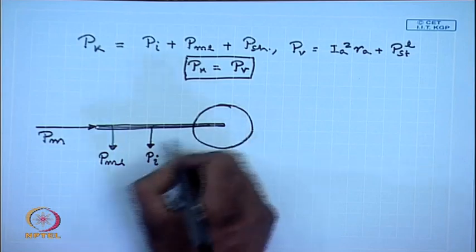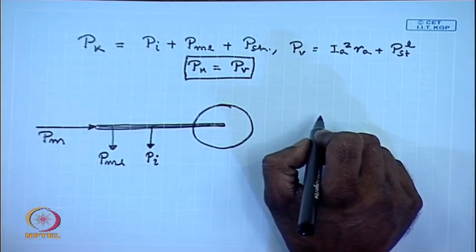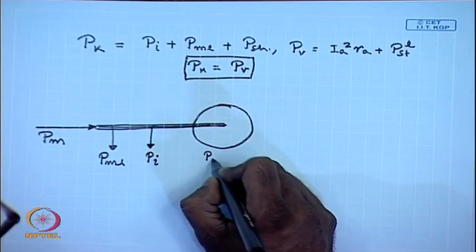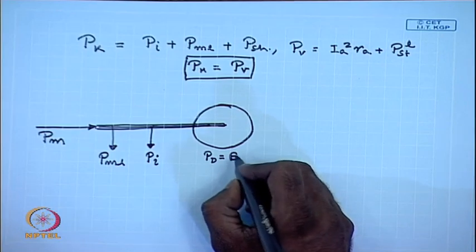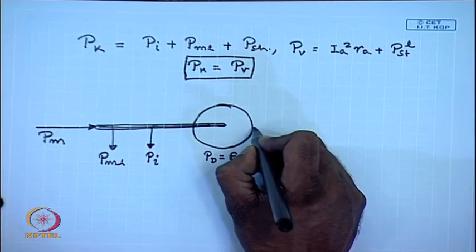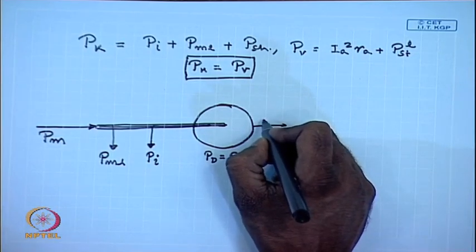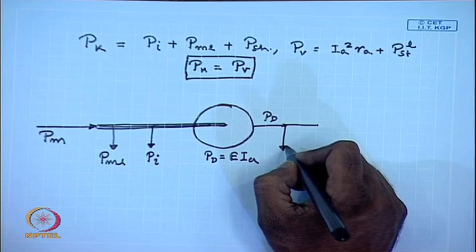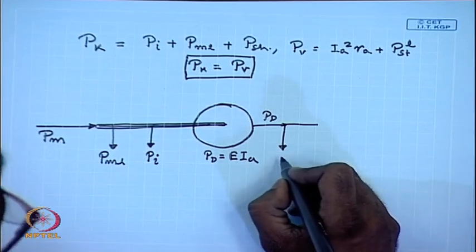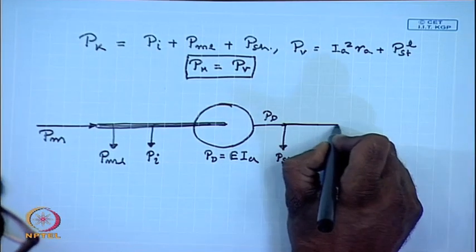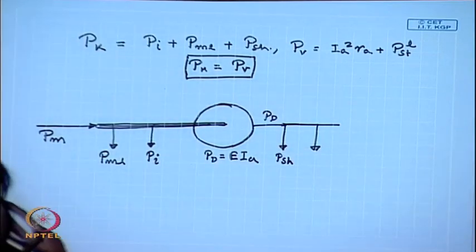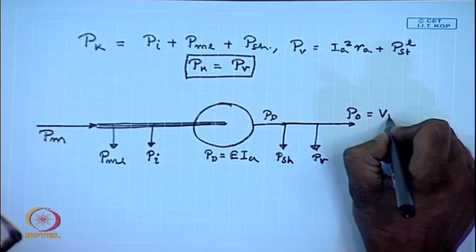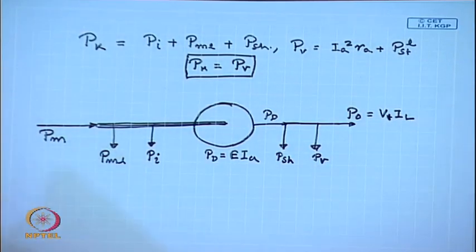This is the net mechanical power input to the machine, and then the developed power Pd equal to E Ia. From this you will have P shunt field loss going out, then you will have Pv going out, and finally, you will have the Po, which is equal to Vt IL. This is generator mode.